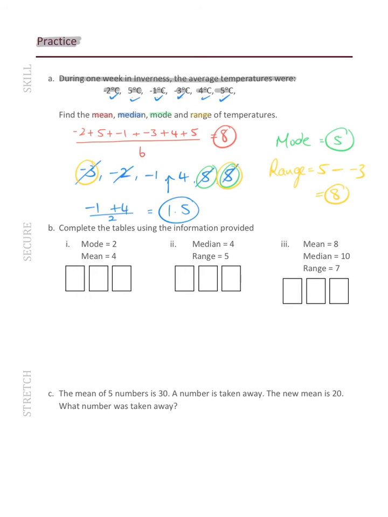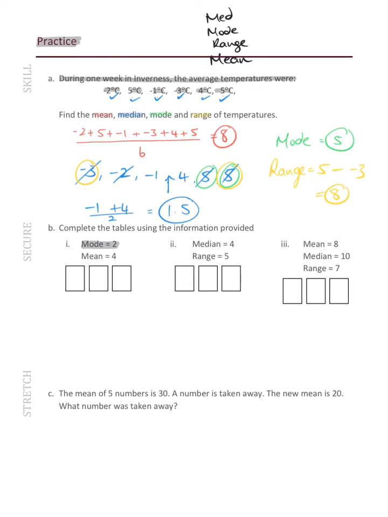Okay, question 2. Complete the tables using the information provided. And our order was median, mode, range, mean. Okay, so now question 1, we don't have a median, so I'm going to start with the mode. The mode is 2, so that means I'm going to have 2 2s.